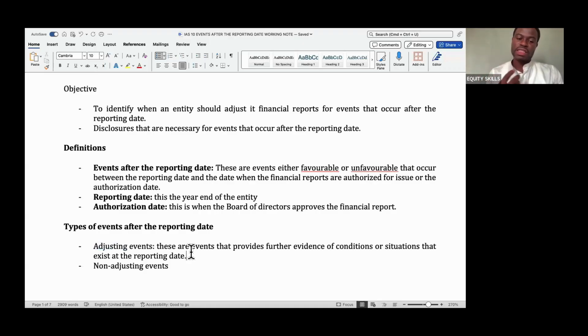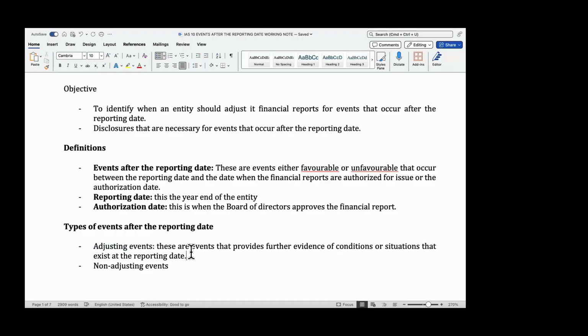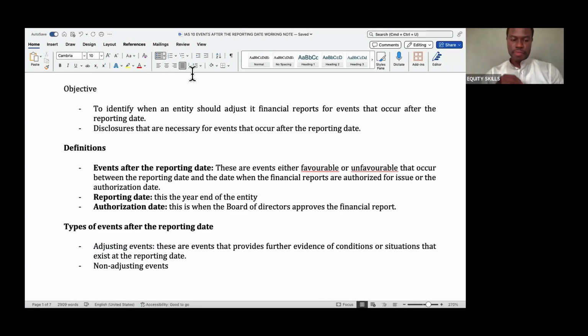But by this definition, these events only confirm what was existing at the year end, but which, probably because of lack of information, we did not know.